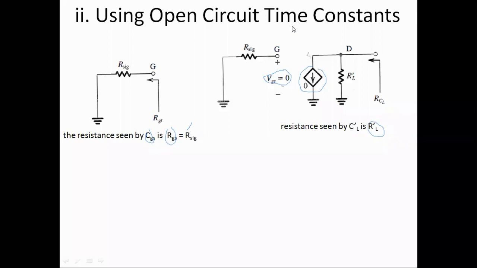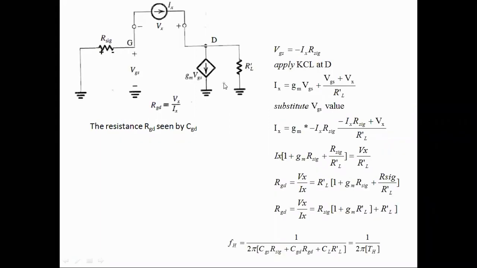Now the resistance seen by the CGD, we cannot calculate directly. We have to replace that capacitance with a current source. The current source Ix is moving left to right. Current leaving is always positive and entering is negative for a voltage source or current source.